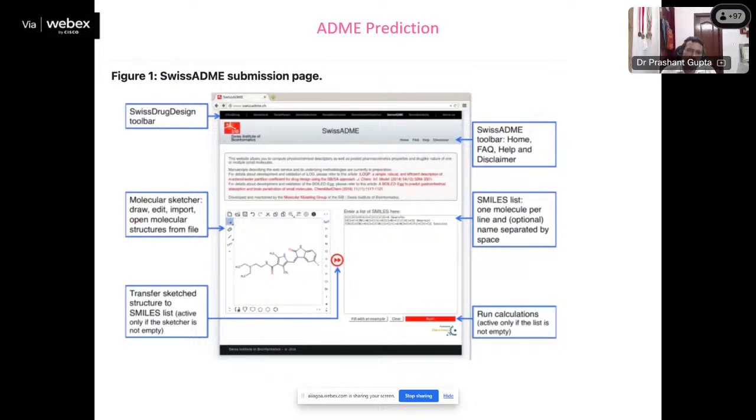ADME's full form is absorption, distribution, metabolism, and excretion. When someone asks us about your curcumin, how is it behaving in the body, how is it absorbed, how is it distributed, will it pass the liver or not, whether it is metabolized in multiple areas or in hepatocytes, and how it has to be excreted.